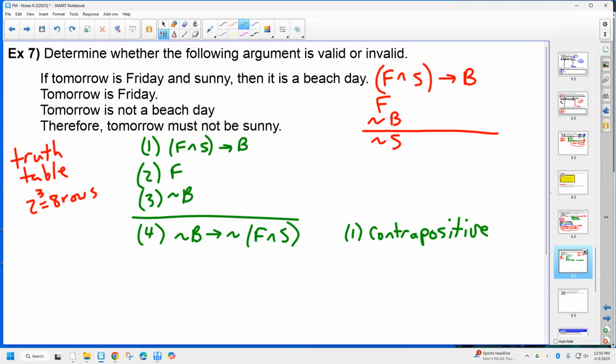Okay. So now, if you notice, we've got this statement 4, but we've also got not B as one of our premises. So we can plug it in right there, and we can use that statement 3 and that statement 4. And which one is that? Let's look back real quick.